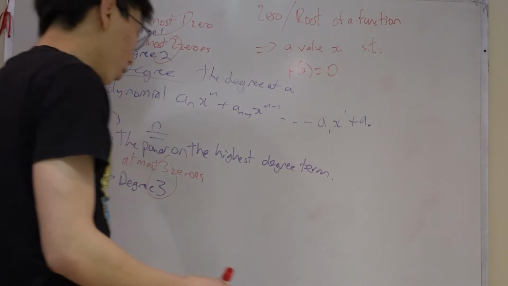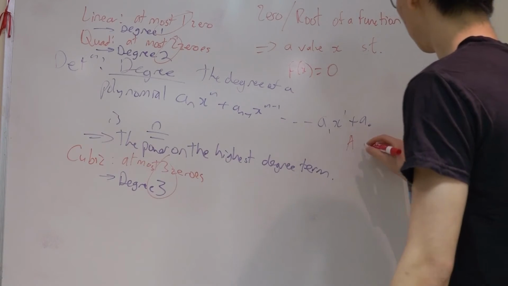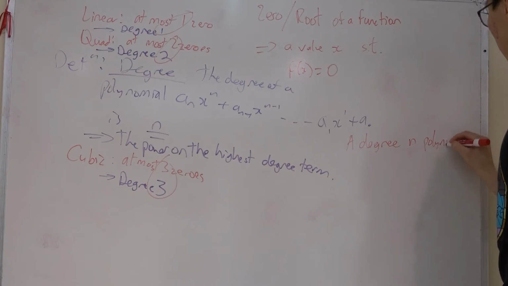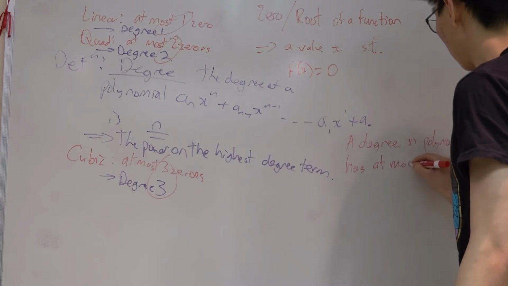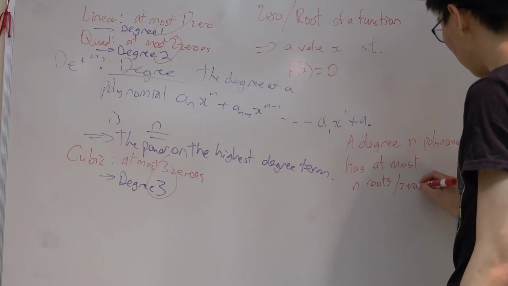So our conclusion must be that a degree n polynomial has at most n roots, or n zeros.